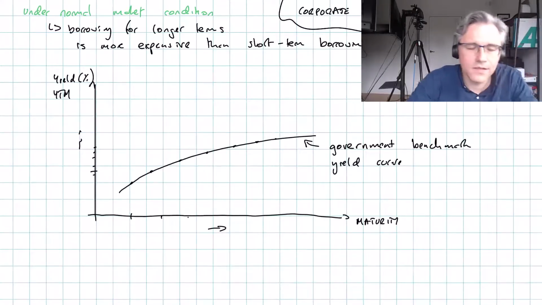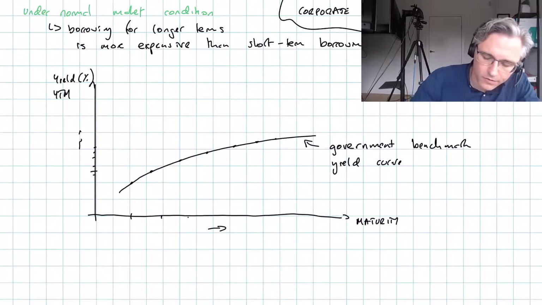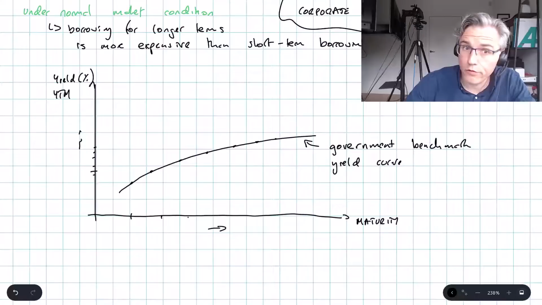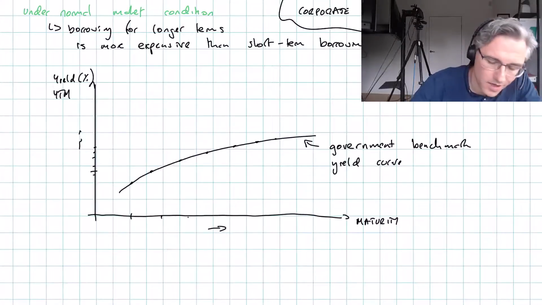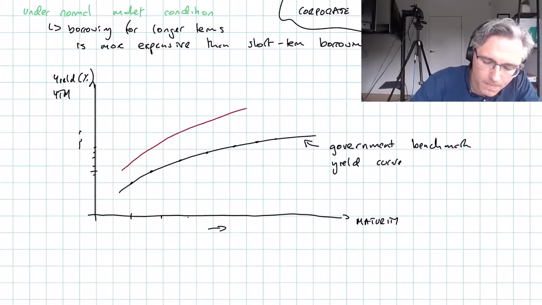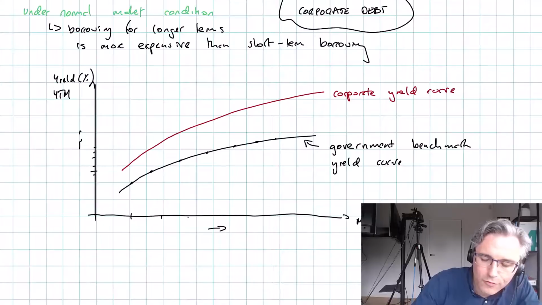And it is indeed an important benchmark in the economy if you've got such a curve, because corporations, given the higher risk that they pose as issuers, typically borrow at somewhat higher rates. So here we're going to have a corporate yield curve. Obviously, this is not for all the corporations. It's for a specific company, for a specific issuer.